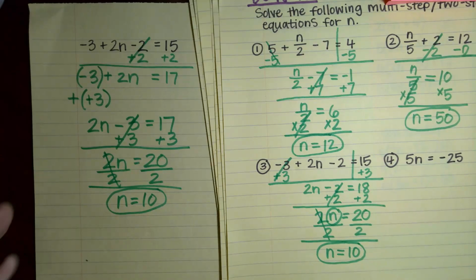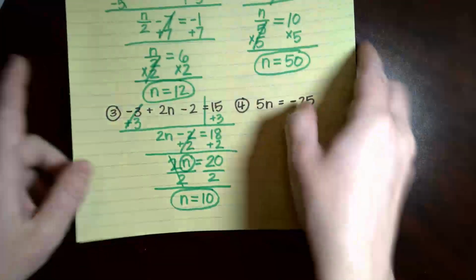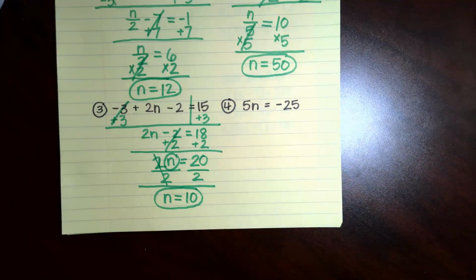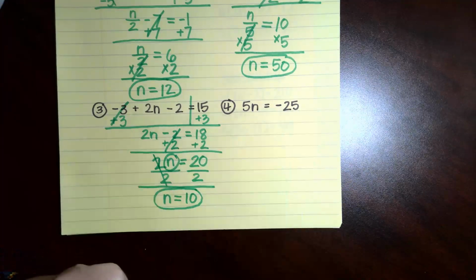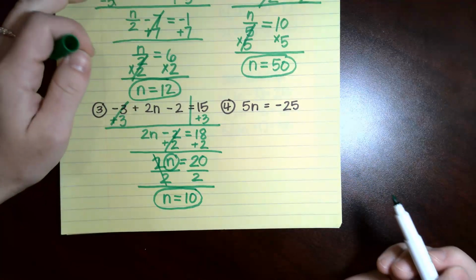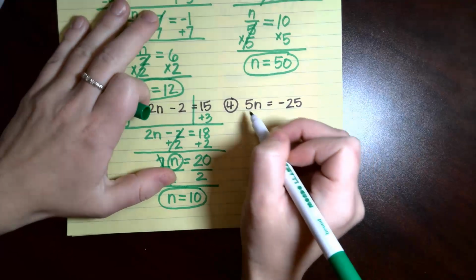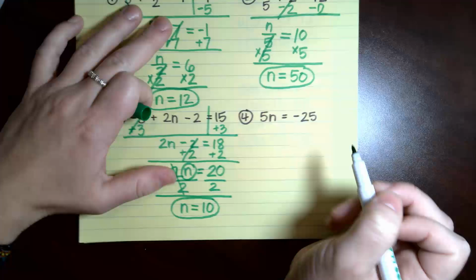All right. Let's go ahead and move on and check out number 4. Number 4, we have 5 times n equals -25. What should we do here? Division, absolutely. So what are we dividing exactly? 5 on each side.